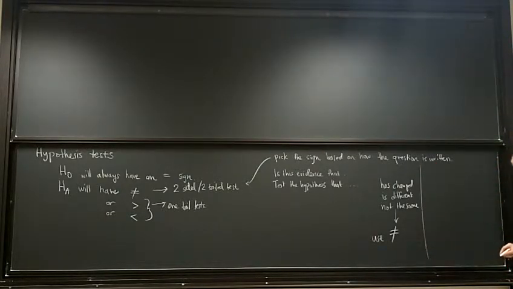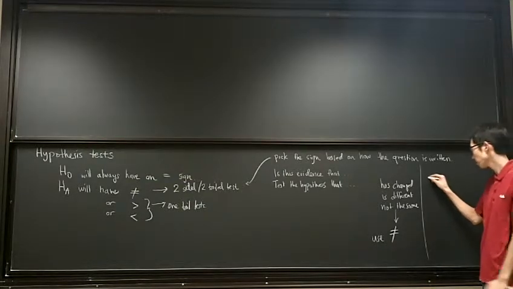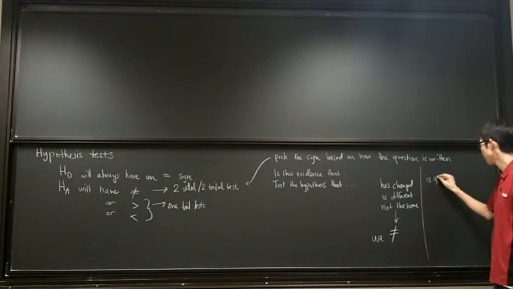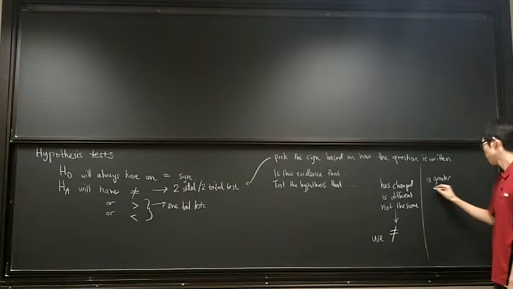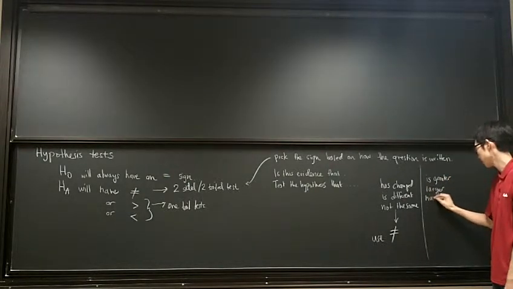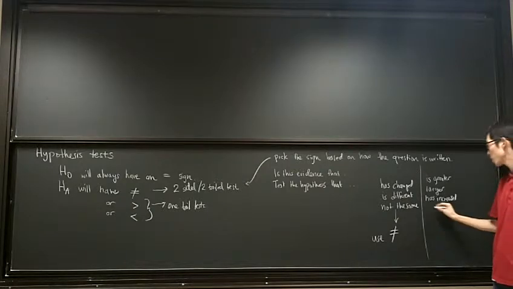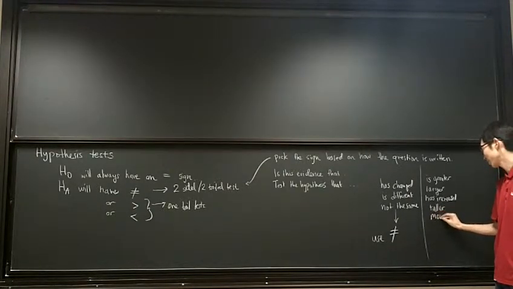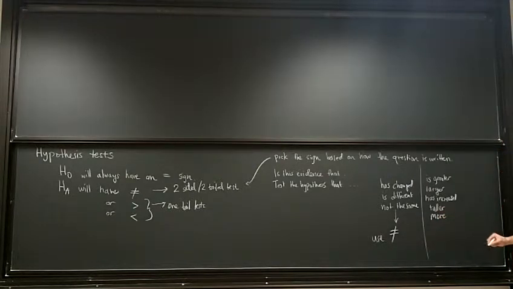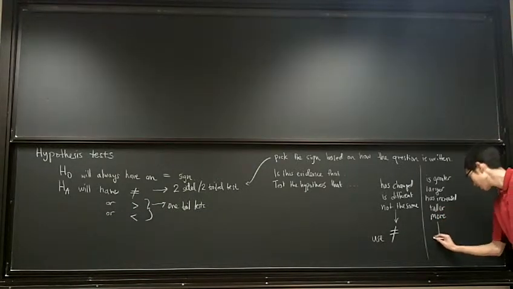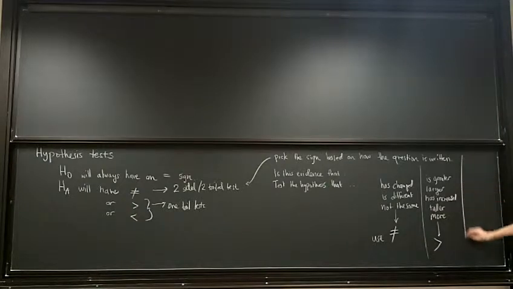If the question says something is greater or larger, has increased, gotten taller or whatever, more, exactly, any of those types of words, you're going to use the greater than.